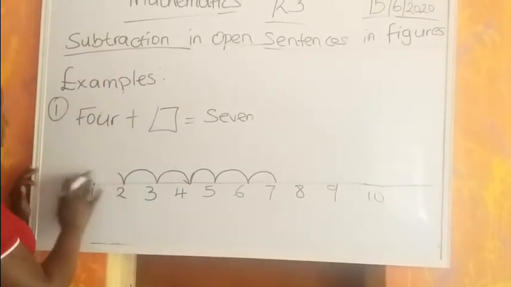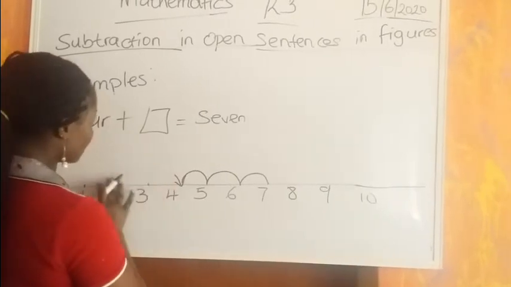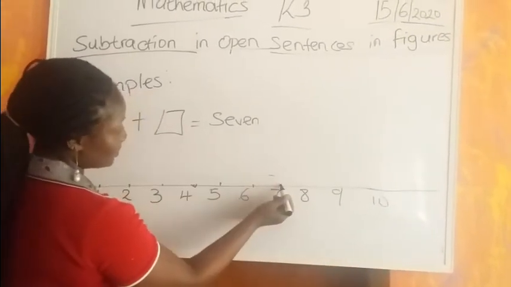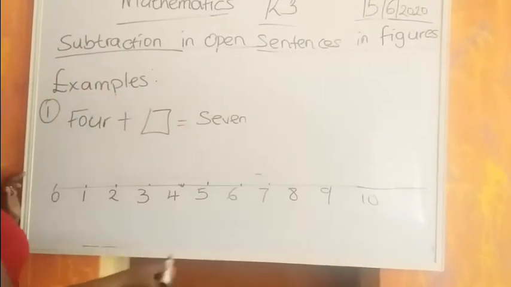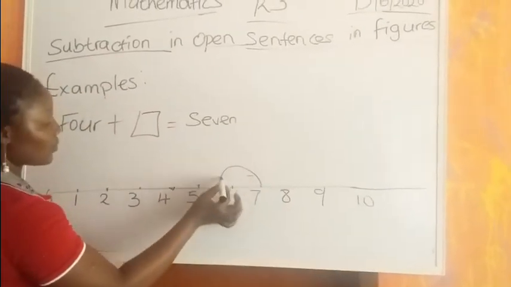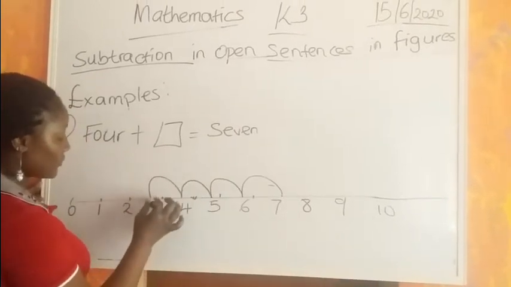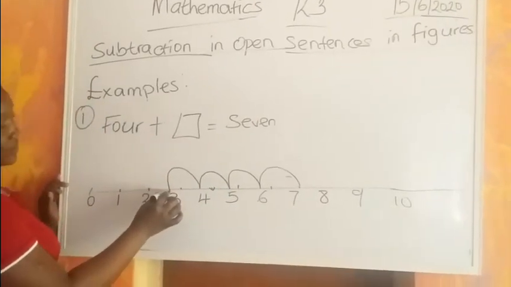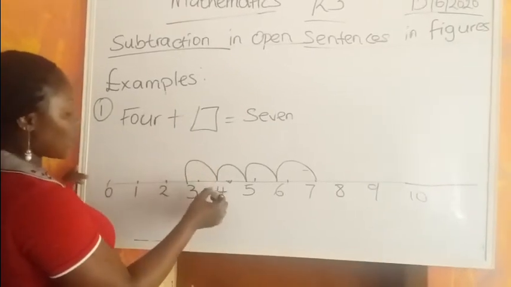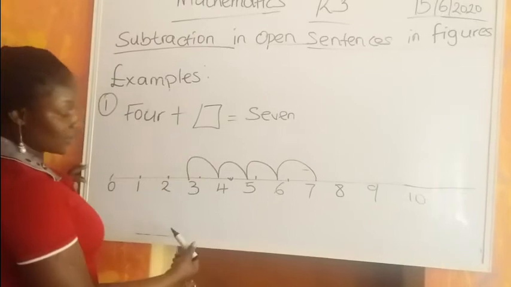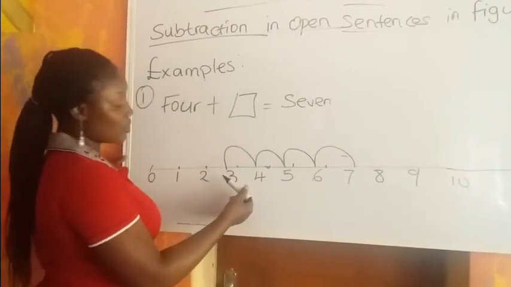Let's try doing it. This is our 7. We are counting 4 out of it. 1, 2, 3, 4. We've taken 4 out of 7. How many numbers do we have? At first, if you look at it, it still stopped at number 3.